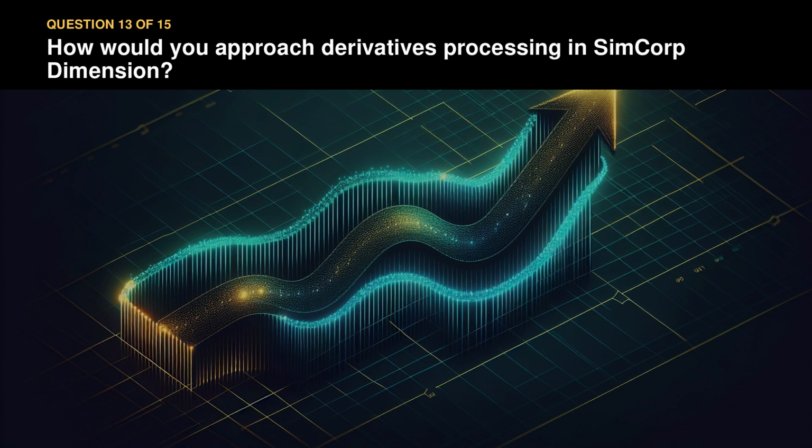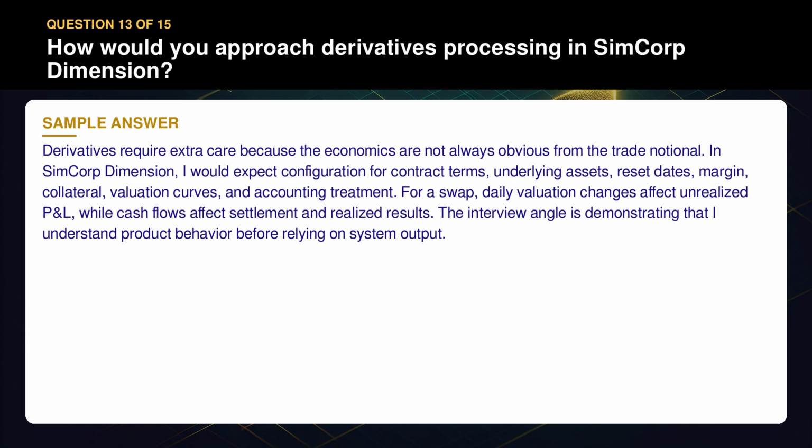Question 13. How would you approach derivatives processing in SimCorp Dimension? Derivatives require extra care because the economics are not always obvious from the trade notional. In SimCorp Dimension, I would expect configuration for contract terms, underlying assets, reset dates, margin, collateral, valuation curves, and accounting treatment.